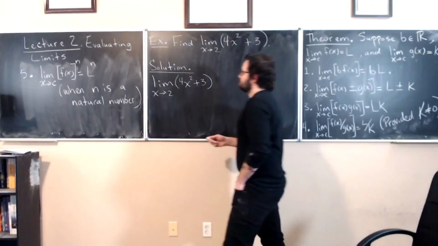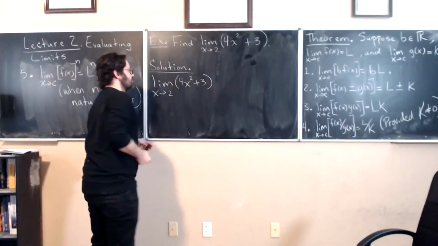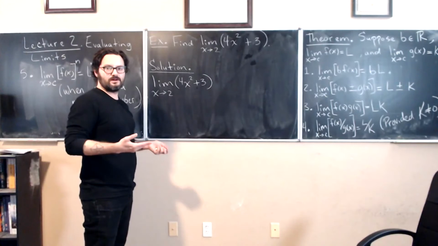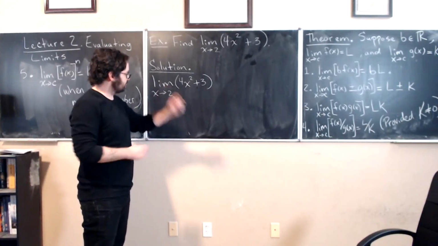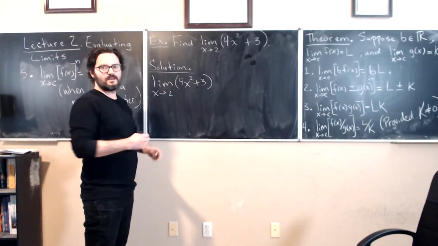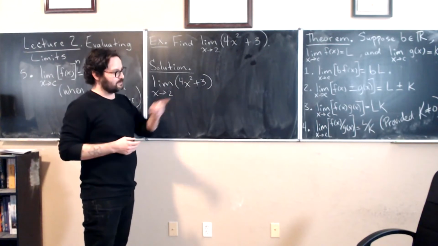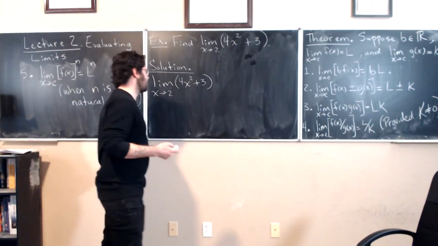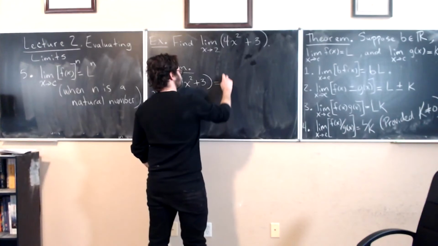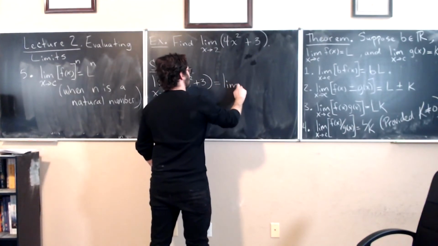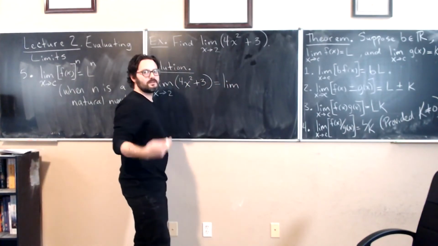So what I'm going to do is split this sum of variables and scalars and all that business. I'm going to split it up into several different limits and see what happens. So the limit of the sum is the sum of the limits.